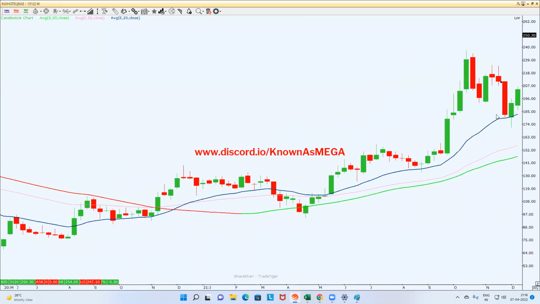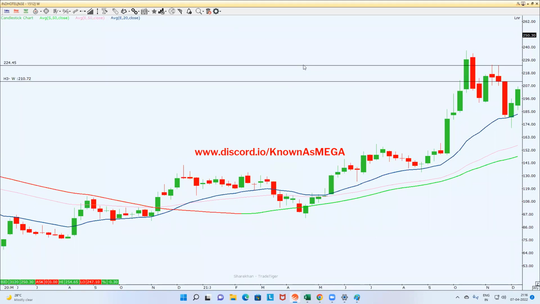Consider we were here, right? Consider we are here, okay? And we will mark. This is a very good supply zone in weekly time frame. How many of you agree this is a valid supply zone? And say current market price is here.